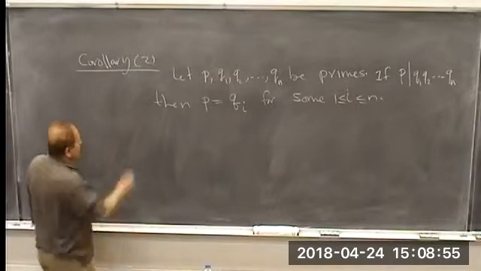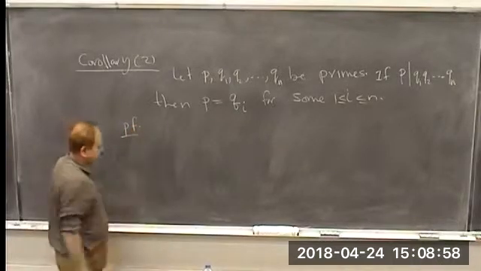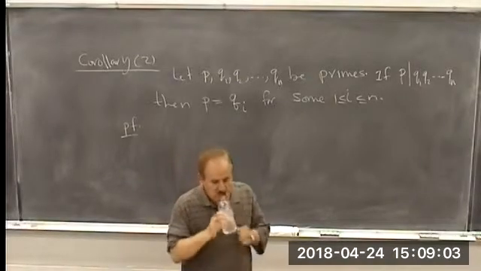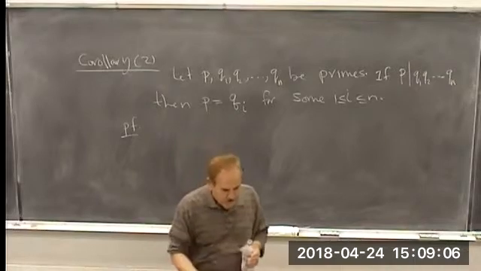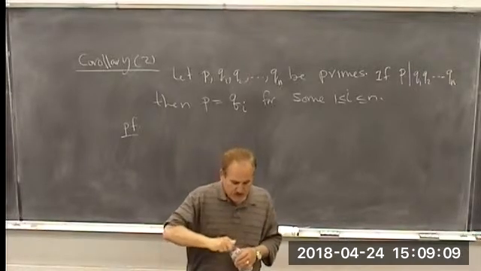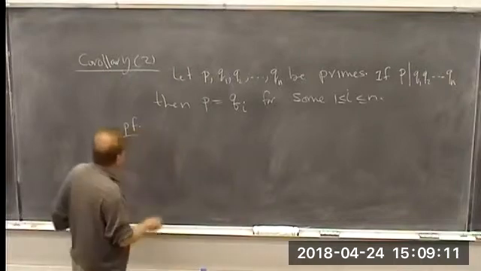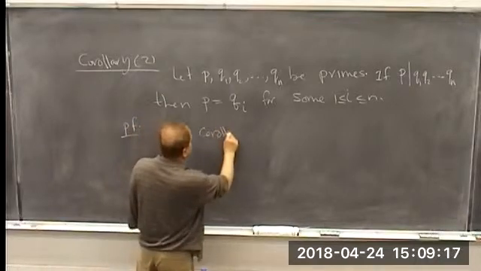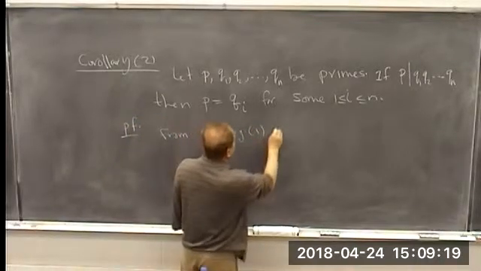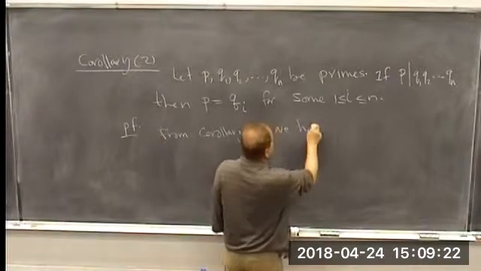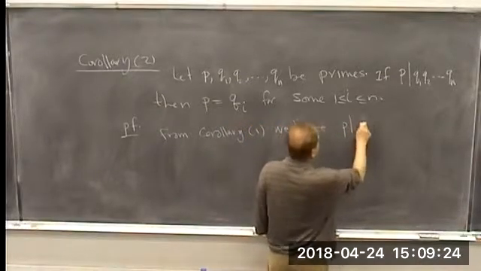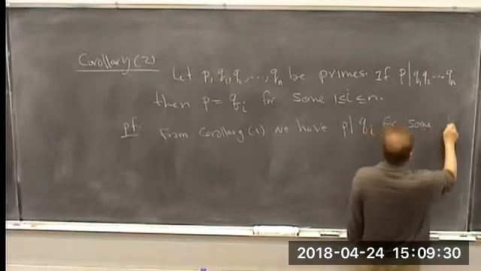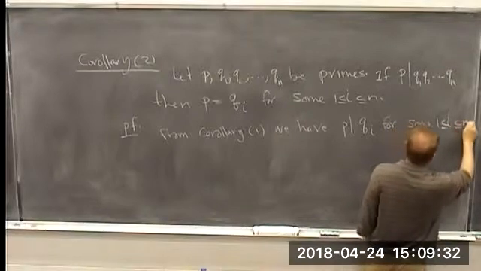All right, here's the proof. We know from the previous corollary that P divides Qi for some I between 1 and n.